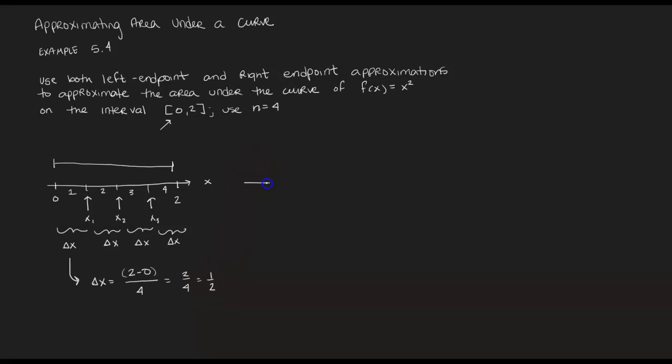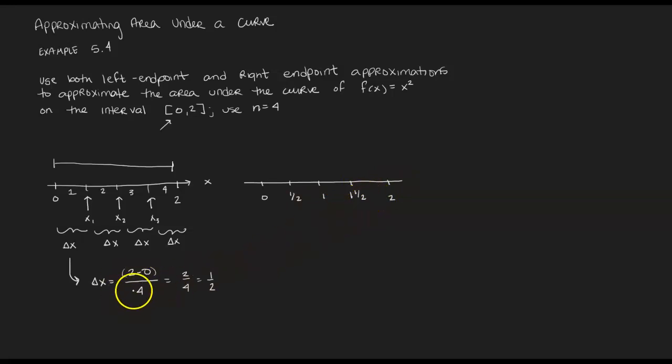If we wanted to, we can clean up our picture. From 0 to 2, we'd go from 0 to 1/2, to 1, to 1 and 1/2, to 2. Those are our 4 subintervals.